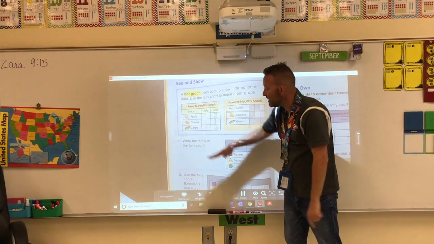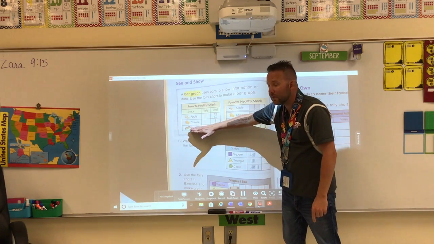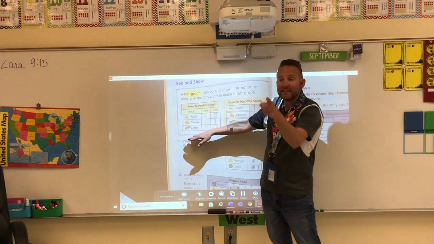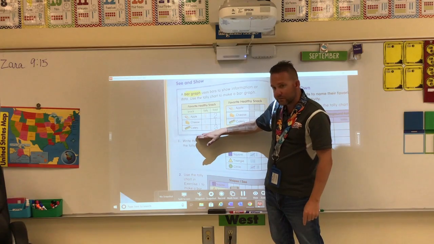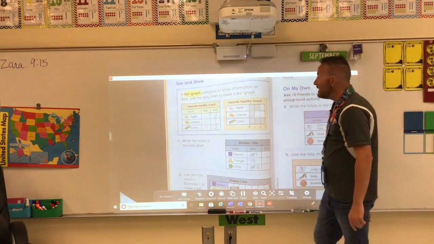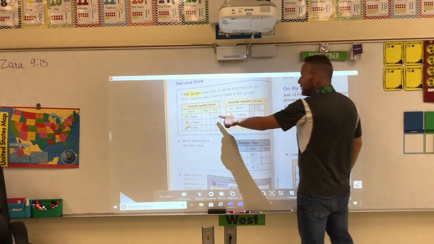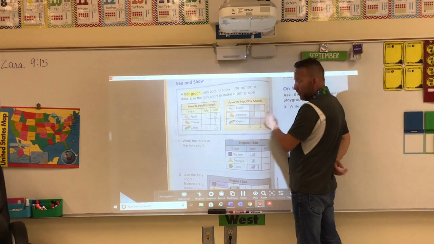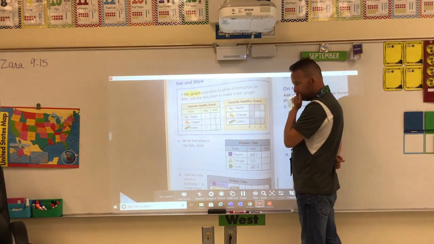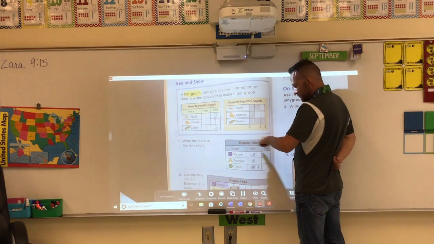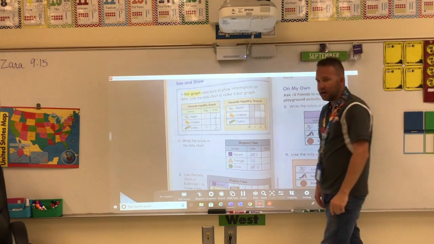How many people like cheese? 1. How many people like celery? 3. Now, I'm going to use that tally data to make a bar graph. So that means I need to color in 2 for apple, which we colored in. 1, 2. Only 1 for cheese. And 3 for celery.